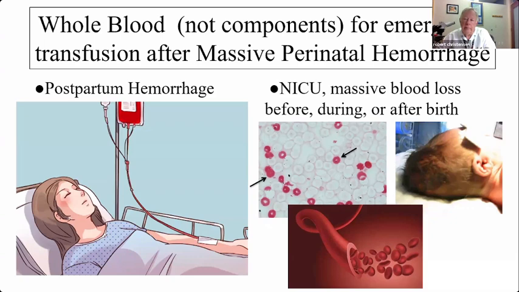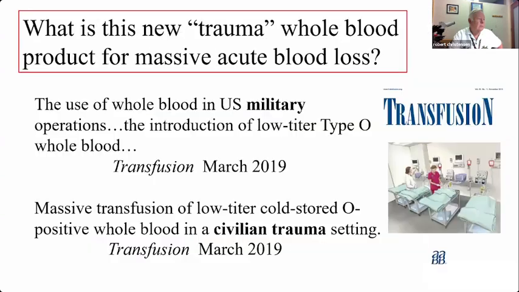There's a better way. That way was looked at initially with the US military in far forward battle situations where sequential transfusions of components was not nearly as timely or as efficacious as using whole blood.